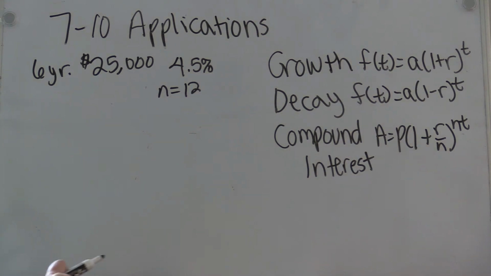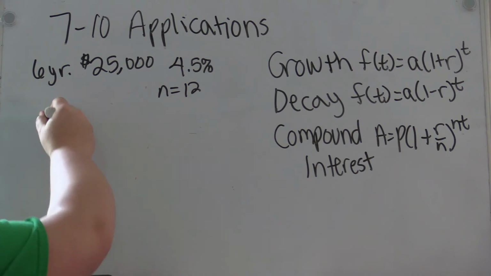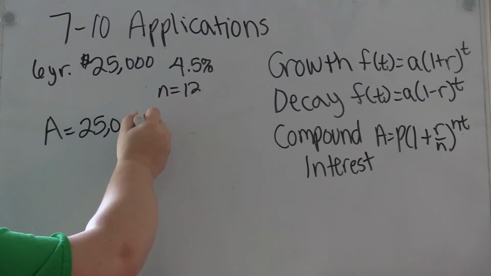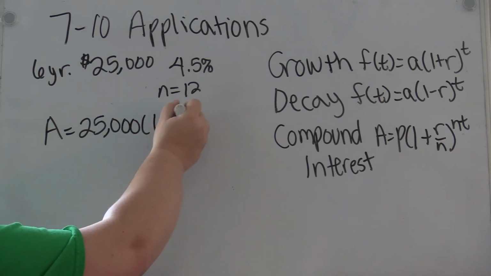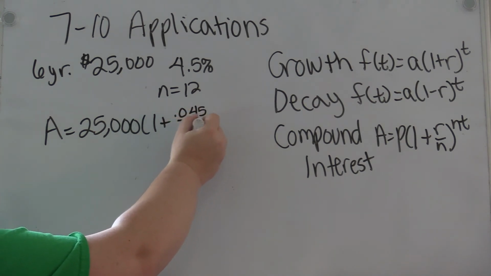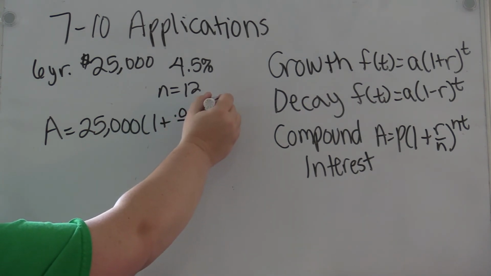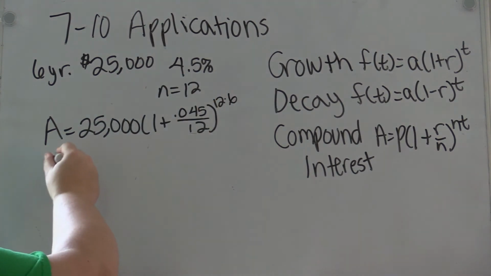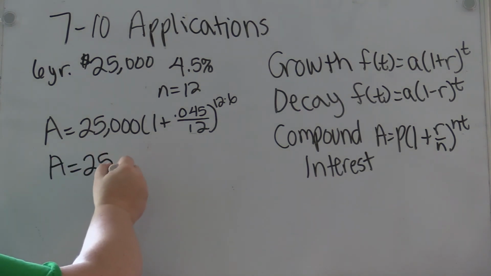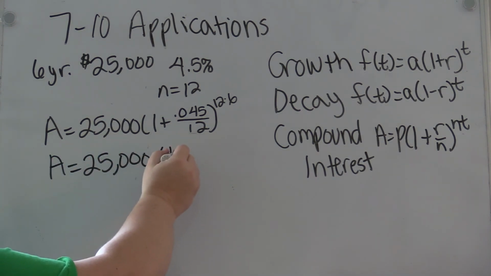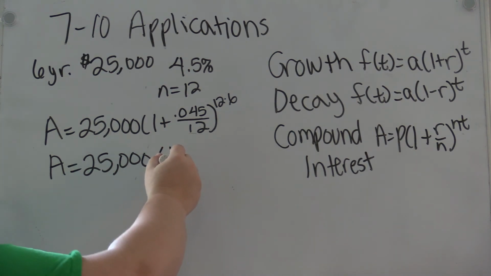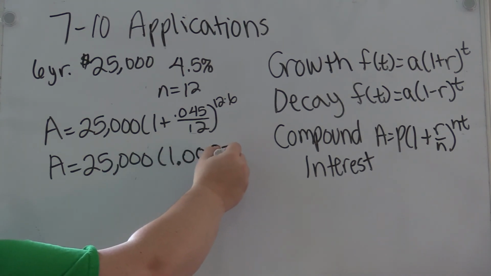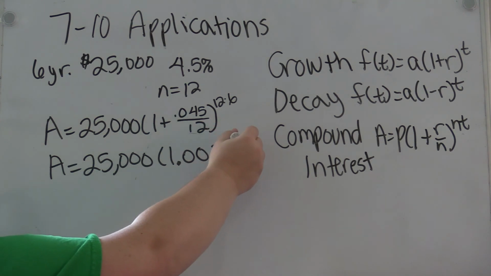So I get A equals 25,000 times 1 plus 0.045 over 12 raised to the 12 times 6. So A equals 25,000 times 1.00375 to the 72nd power.